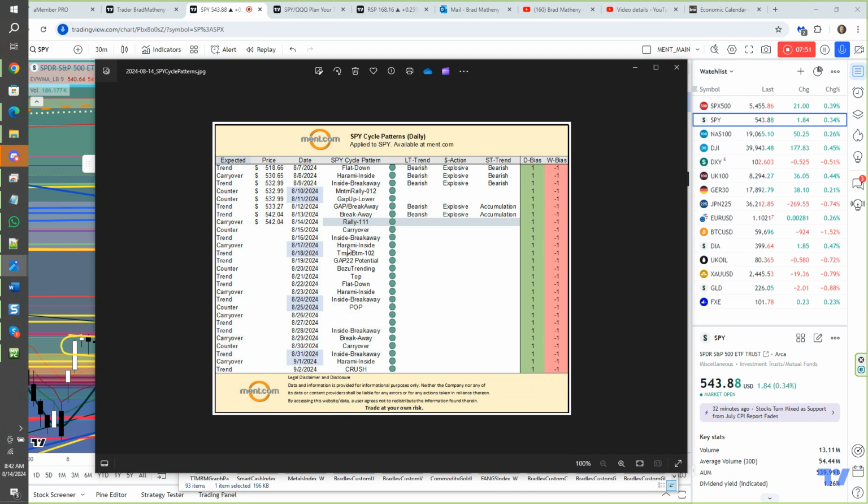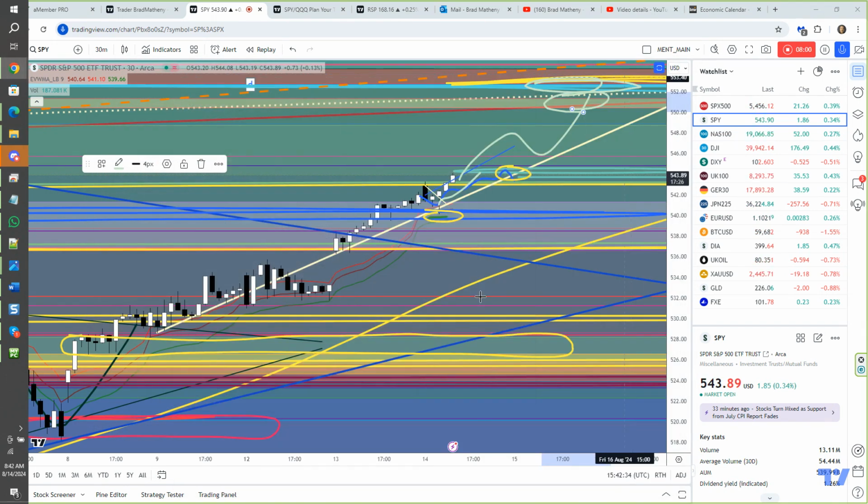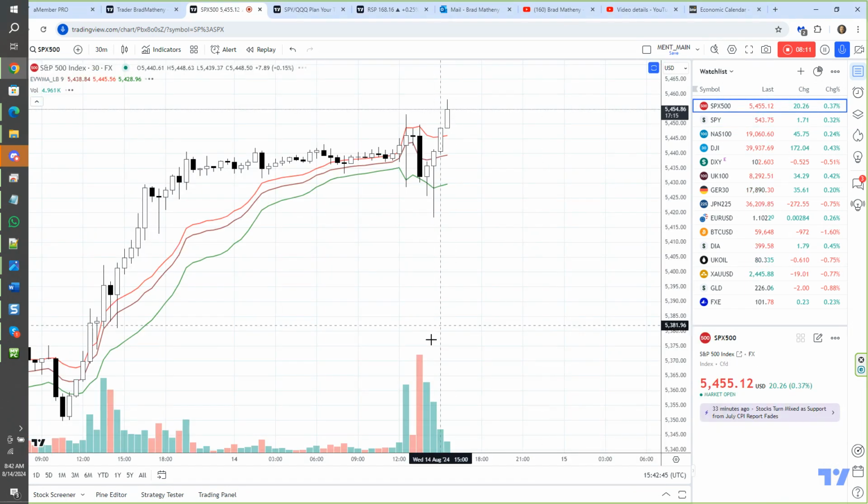Then Saturday, no trading, Harami line, which means pausing. Temporary bottom would typically look kind of like this. So if you go to an area, let's see if I can come here.